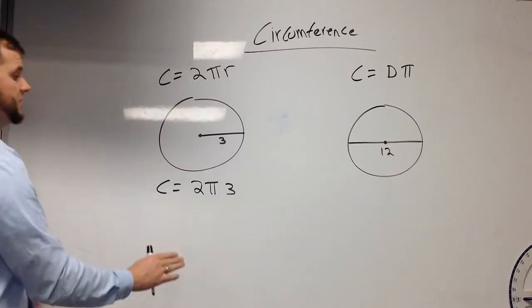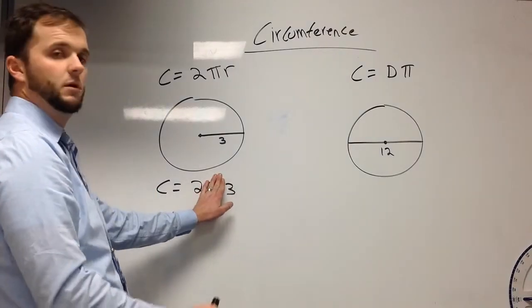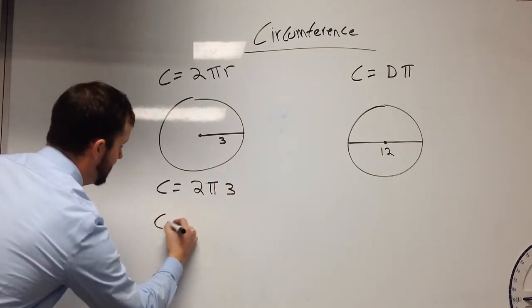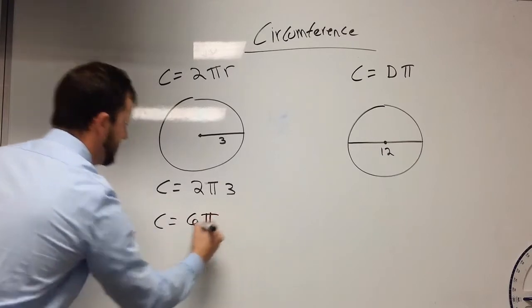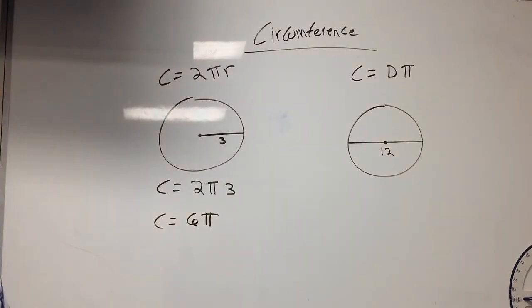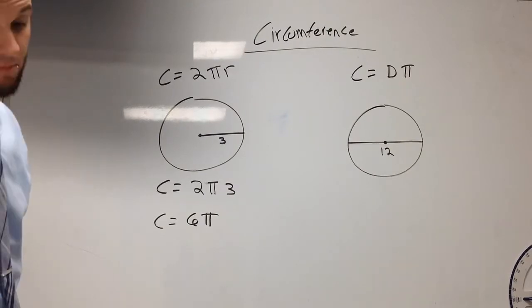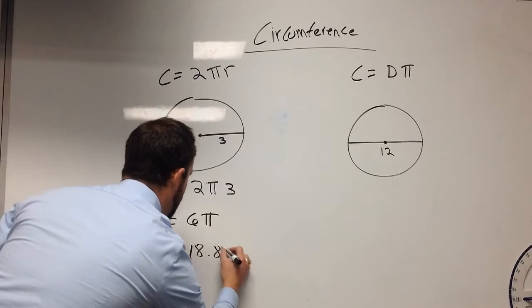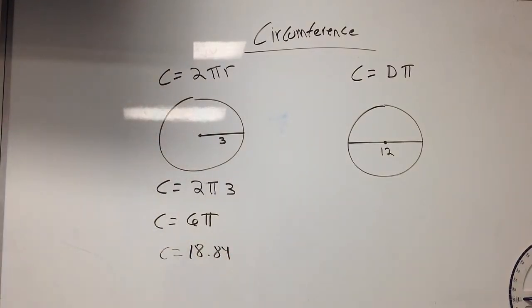All I'm going to do is forget about the pi symbol and multiply everything else. So 2 times 3 is going to give you 6. So in terms of pi, your answer would be 6 pi. But if I actually typed it in the calculator and multiplied it out, you would end up getting 18.84 in decimal form.